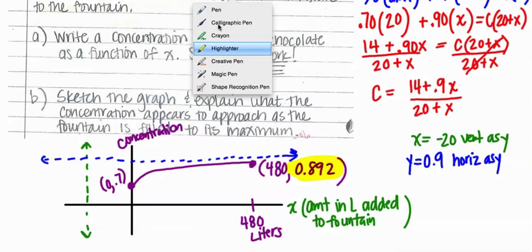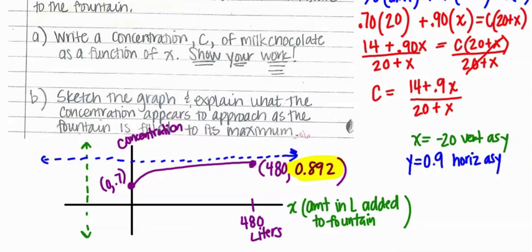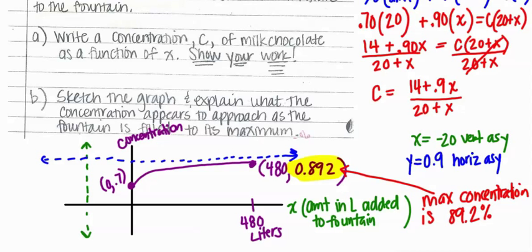And I hope that that's pretty clear for you, that as the fountain is filled to its maximum, the maximum concentration for this problem, because there is a limit on the capacity of the fountain, is 89.2%. And that is what the concentration will appear to approach as we get closer and closer to adding 480 liters.